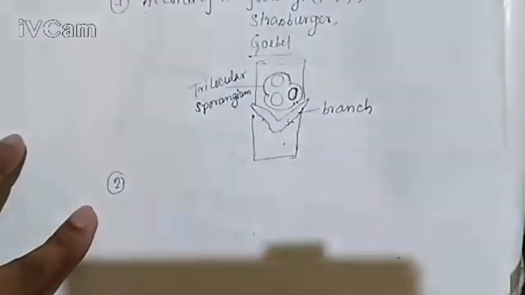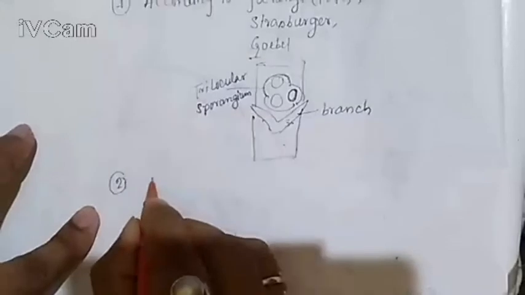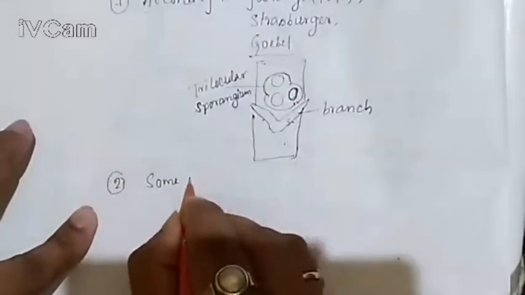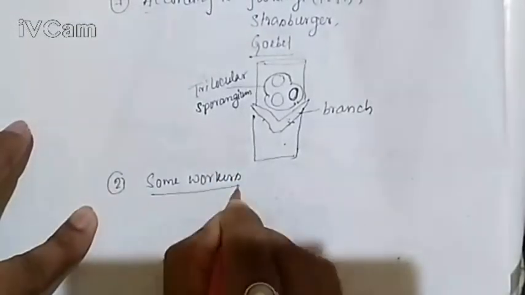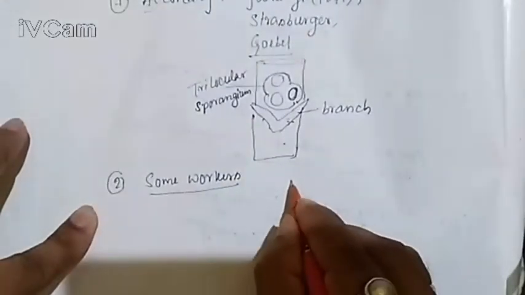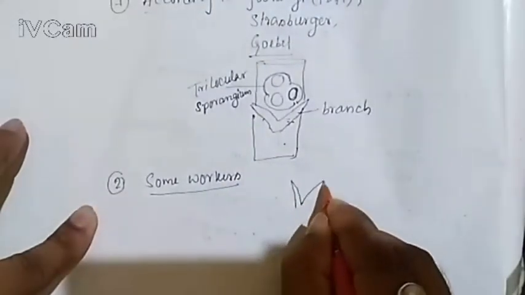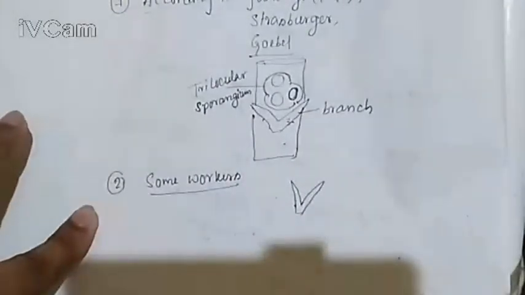According to some workers, bifork appendages and trilobed sporangia together constitute a sporophyll-like structure. Some workers, I am not mentioning their names, opine that the bifork appendages, you can write here, form this sporophyll-like structure.